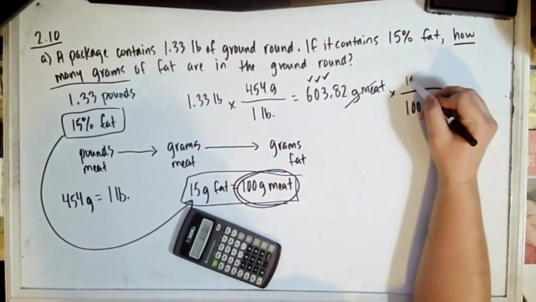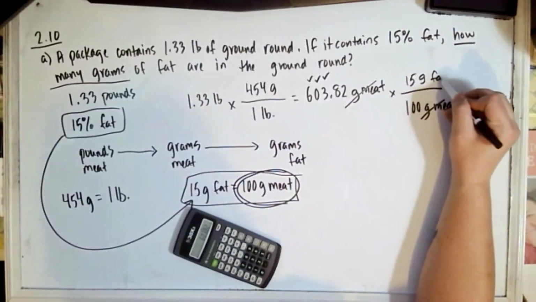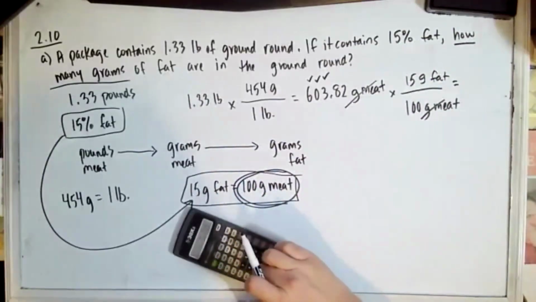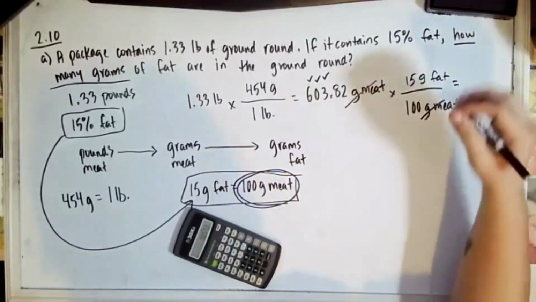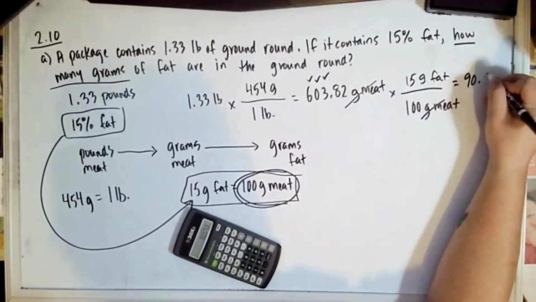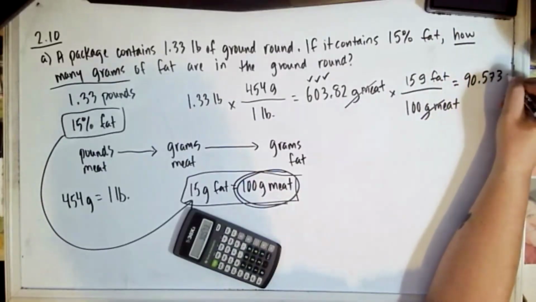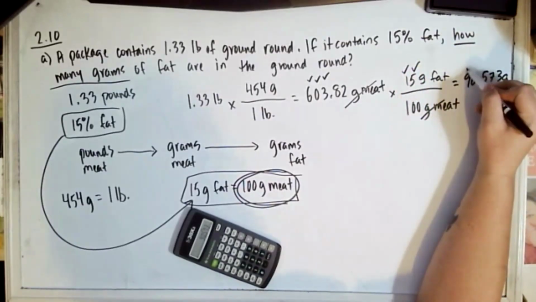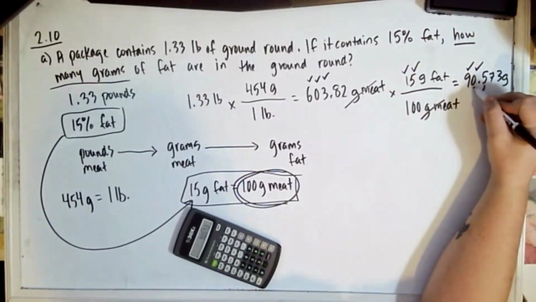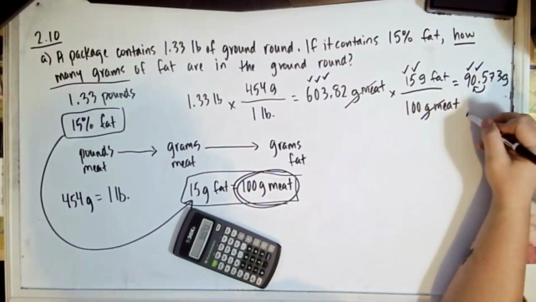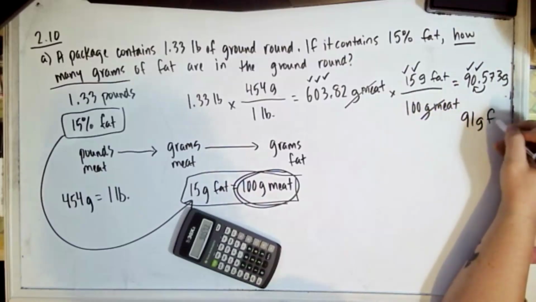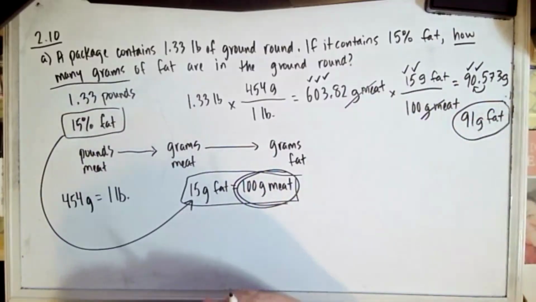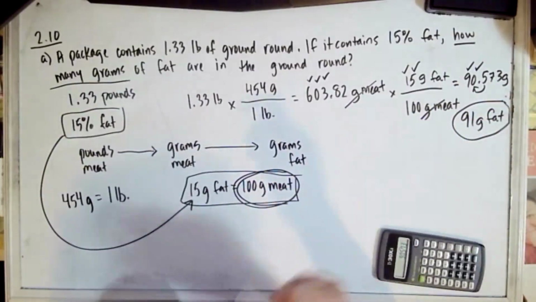And what goes up top is going to be our 15 grams of fat. And we end up with 90.573 grams, which we're going to round to two significant figures. So that 5 will round the 0 up to a 1. And we'll have 91 grams of fat in that package of round.